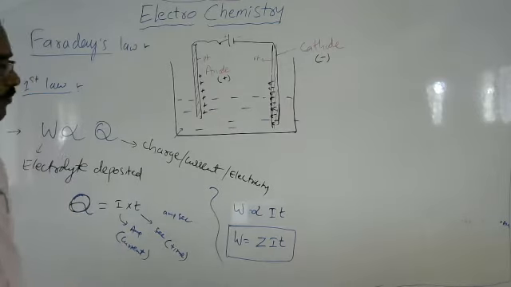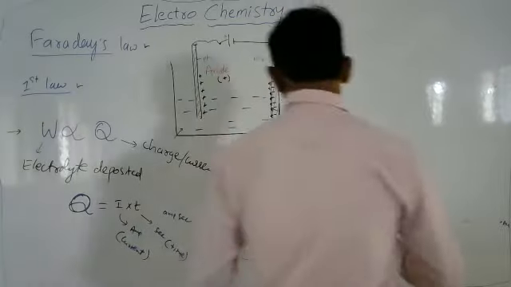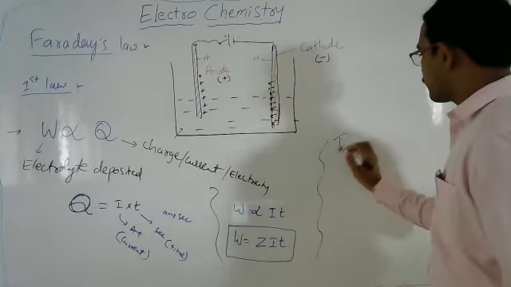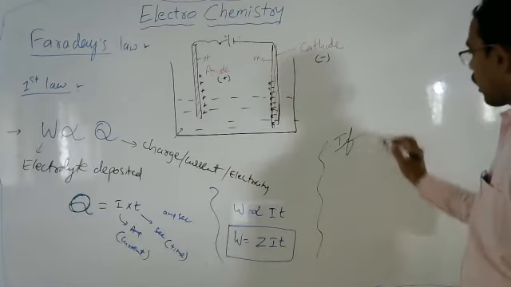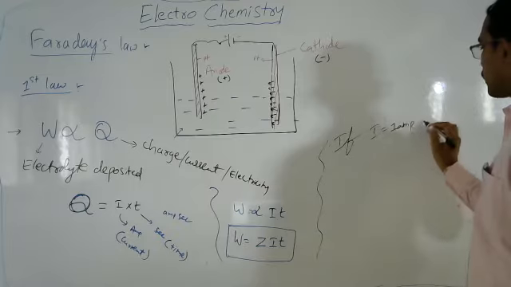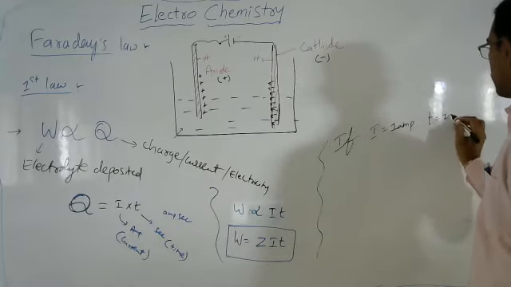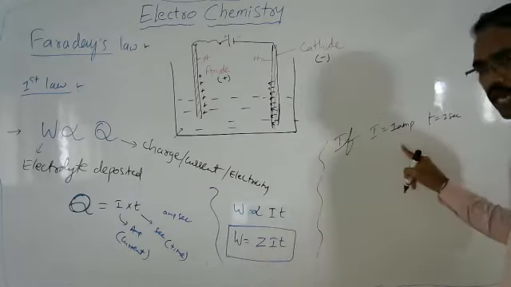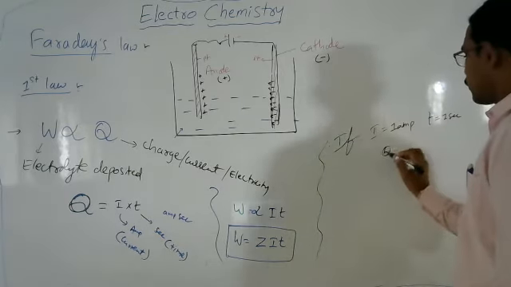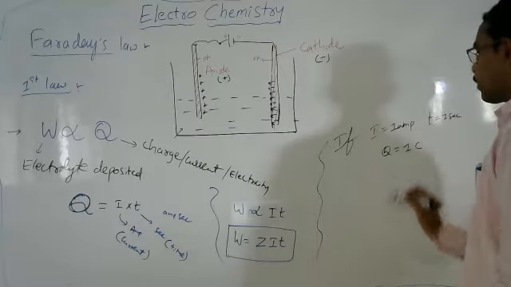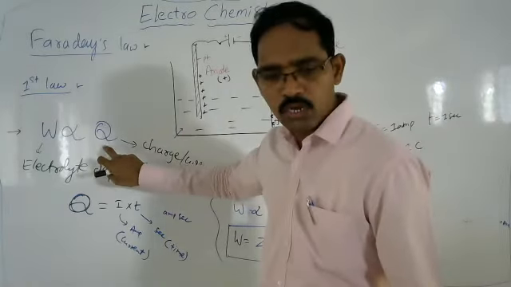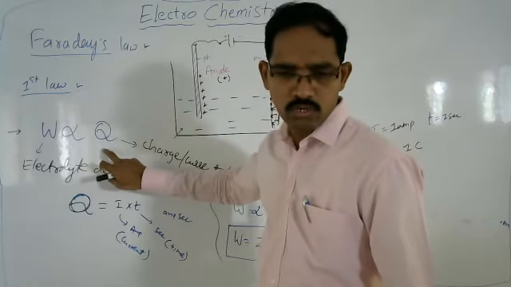So how to calculate this Z? Say I equals 1 ampere, T equals 1 second. 1 ampere 1 second means Q is 1 coulomb. The unit of charge Q is coulomb.